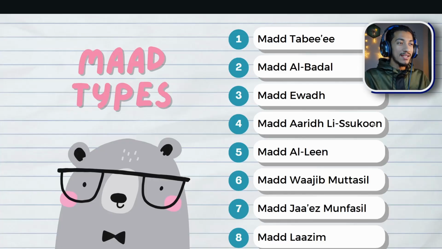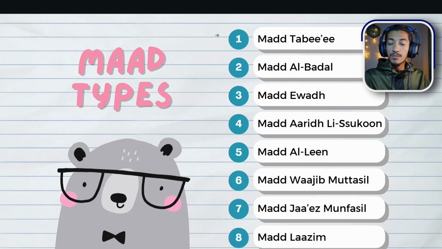Alhamdulillah, we started in Maad, and today it's the second types of Maad. As the last time, we started with Maad Tabi'i. We have 8 types of Maad. We will do 3 of them now, inshallah. We said Maad Tabi'i is the natural Maad. That's the Maad letter.